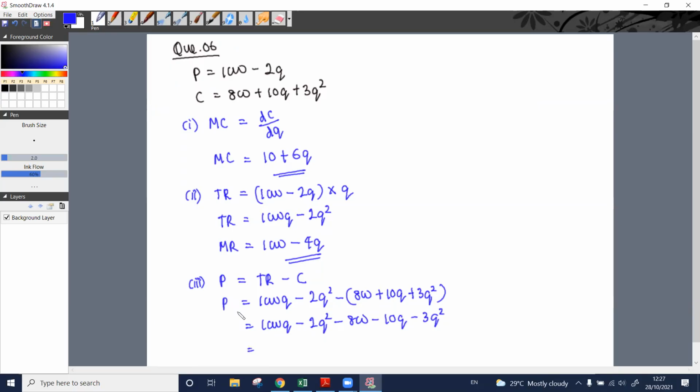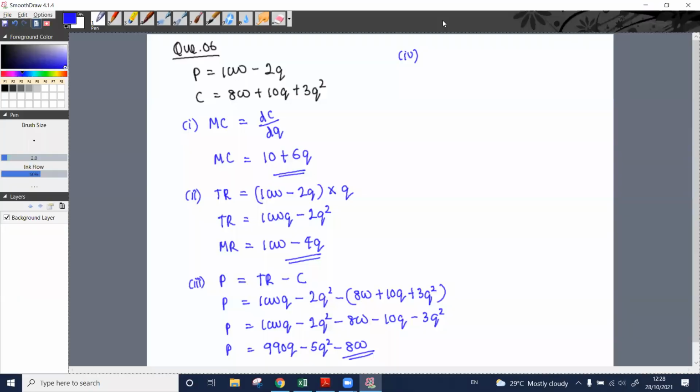Therefore, the profit function is 990Q minus 5Q squared minus 800. That should be the answer for part 3.